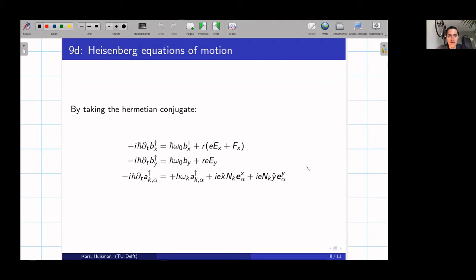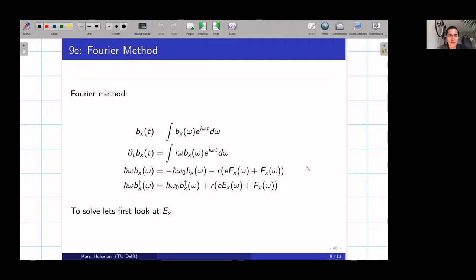But let me continue. In 9E, we're asked to do the Fourier method to solve these equations, and we're asked to calculate this G. So first about the Fourier method.